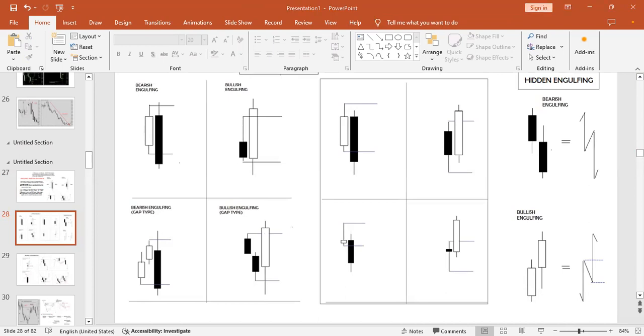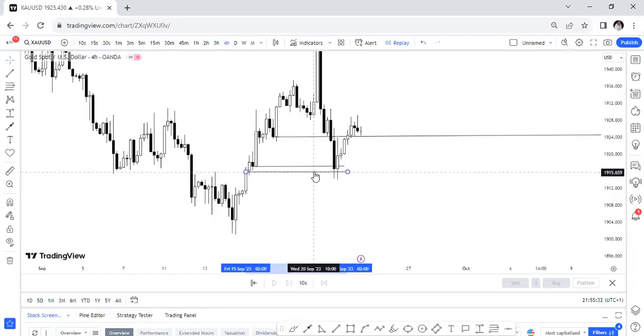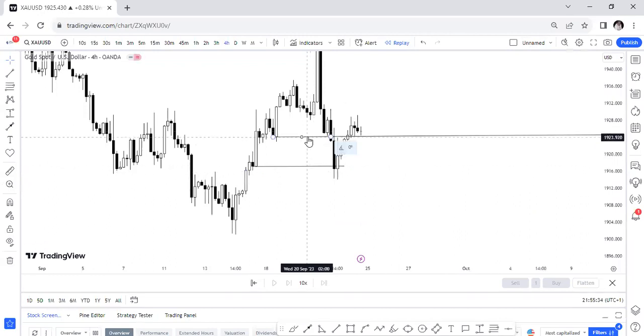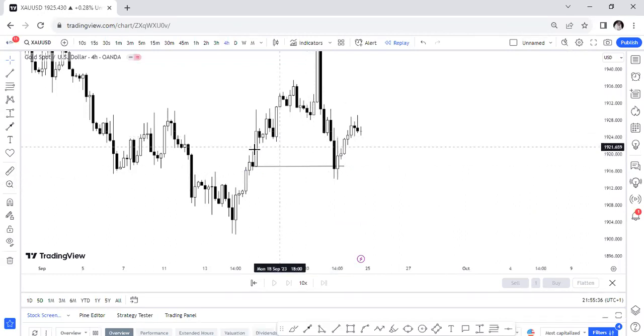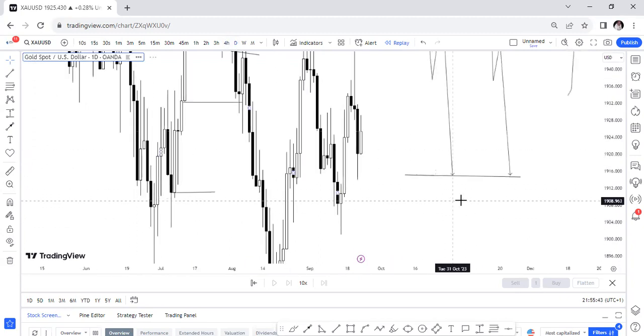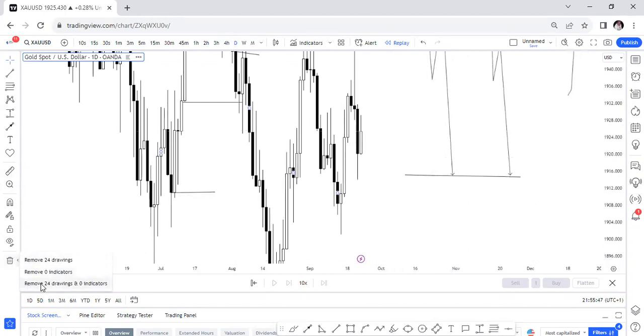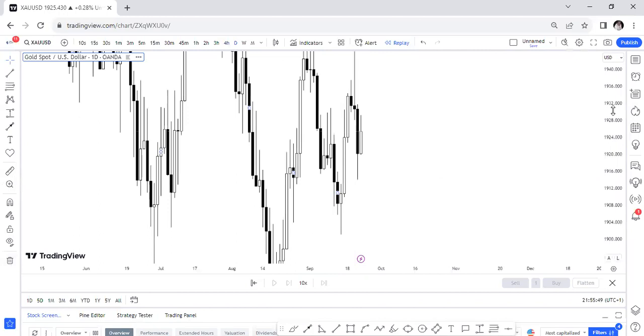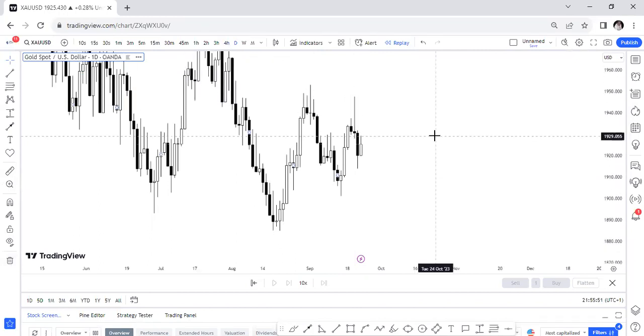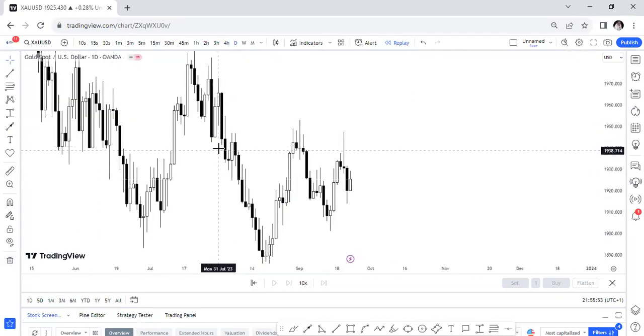Let's look at a particular gap on the daily, and see if we could refine it, this place now.